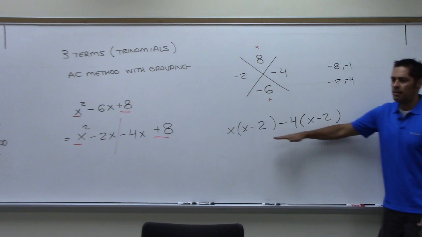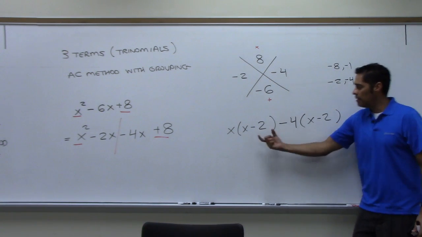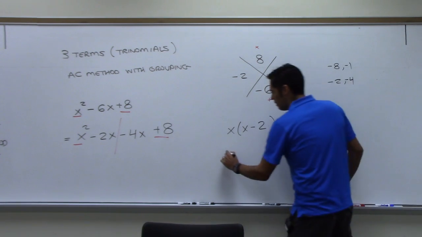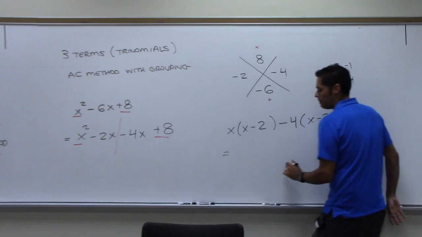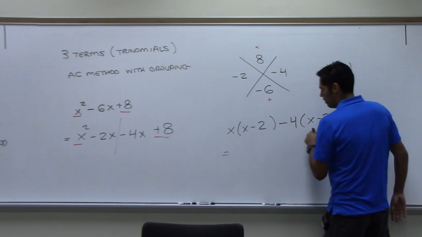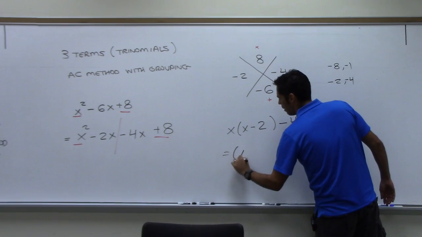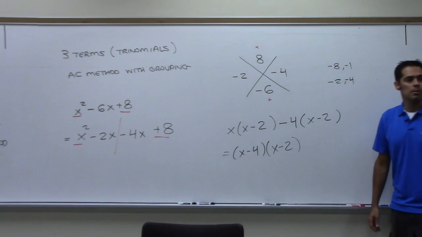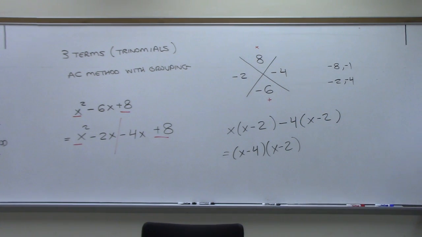And that is exactly what we needed, these two to match. And so we can write the next line, and this will be the answer, won't it? What is it? The thing they both have, x minus 4. You can write it that way, x minus 4 and then x minus 2. Or the other way.